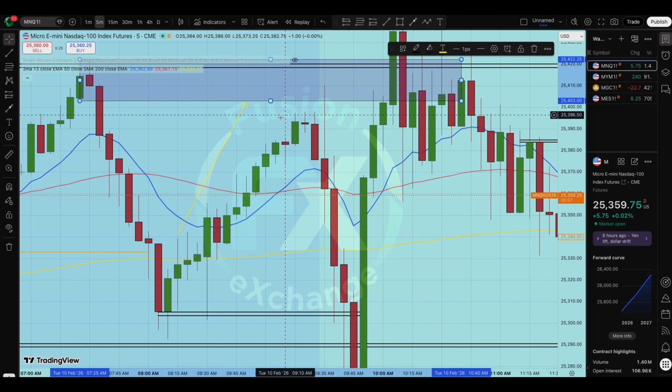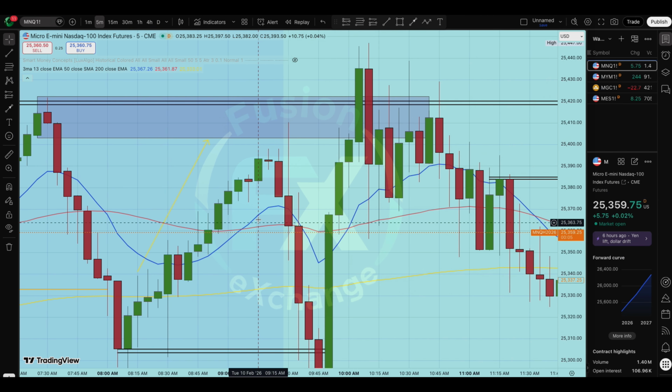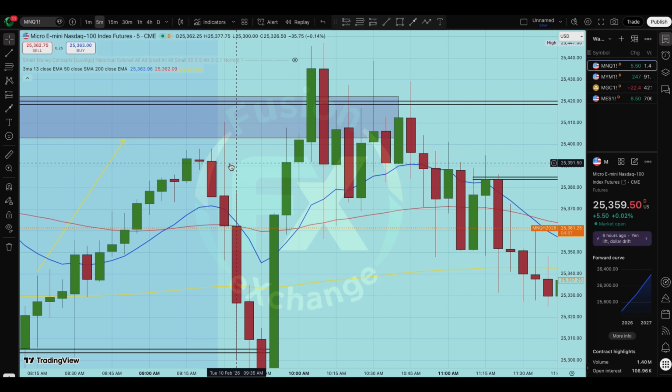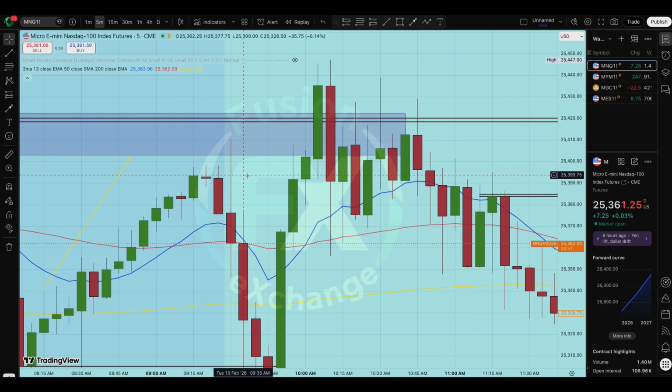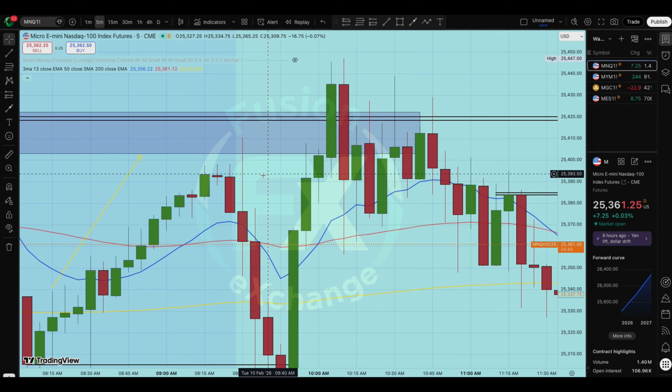That's a monster. Anyway, we eventually reach up. At 9:30 we get the top on the candle here. We get the top and we reject. We're not closing inside of the zone, so that is a good thing.